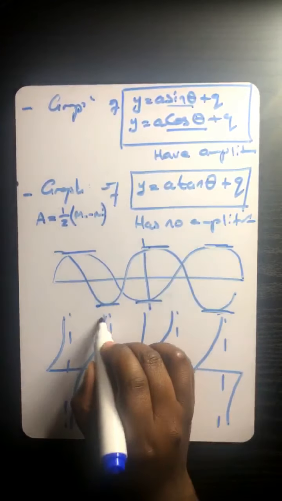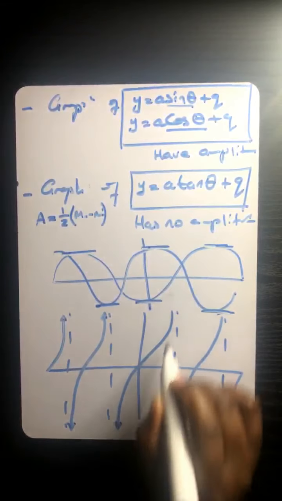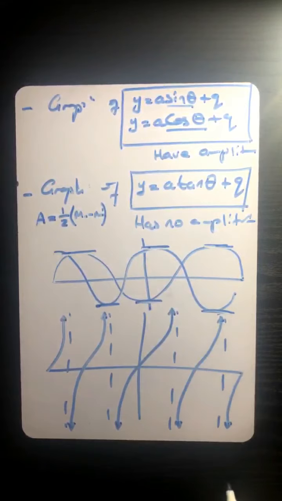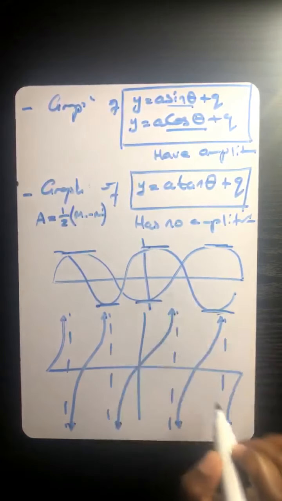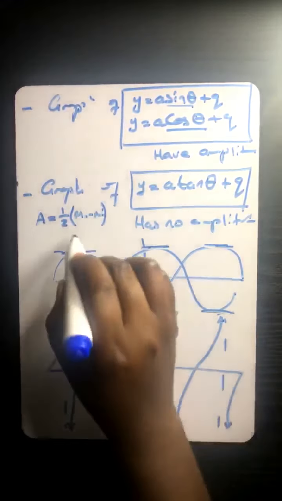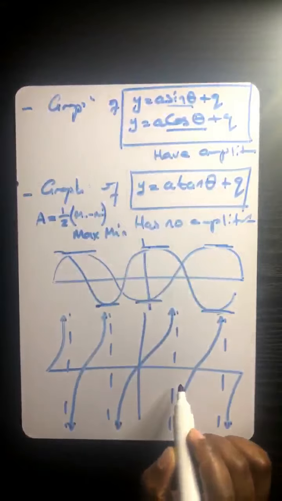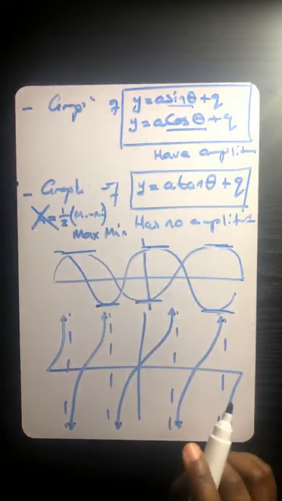Can you guys see this thing? It continues and continues. Can you see that, because it continues up to infinity, there is no maximum and no minimum. So that means there can never be an amplitude because we can't calculate that.